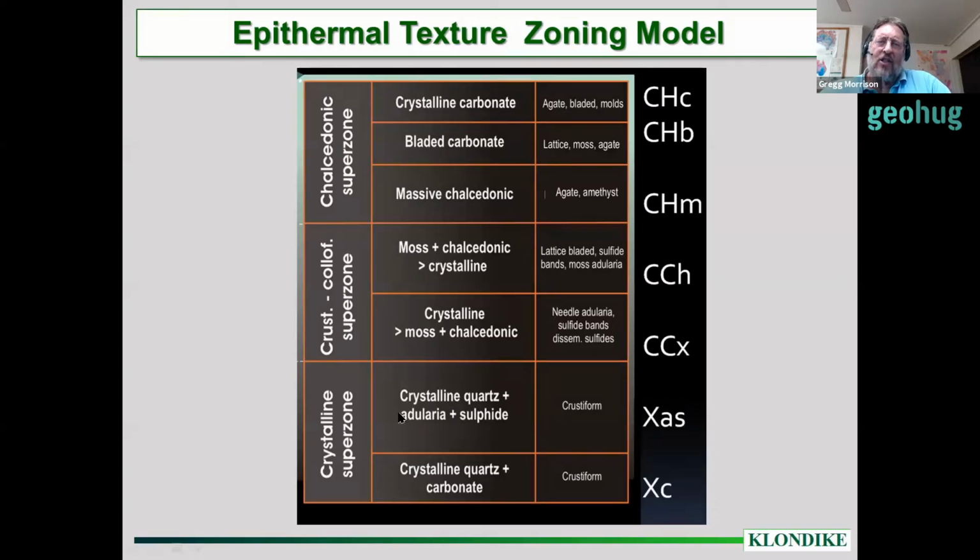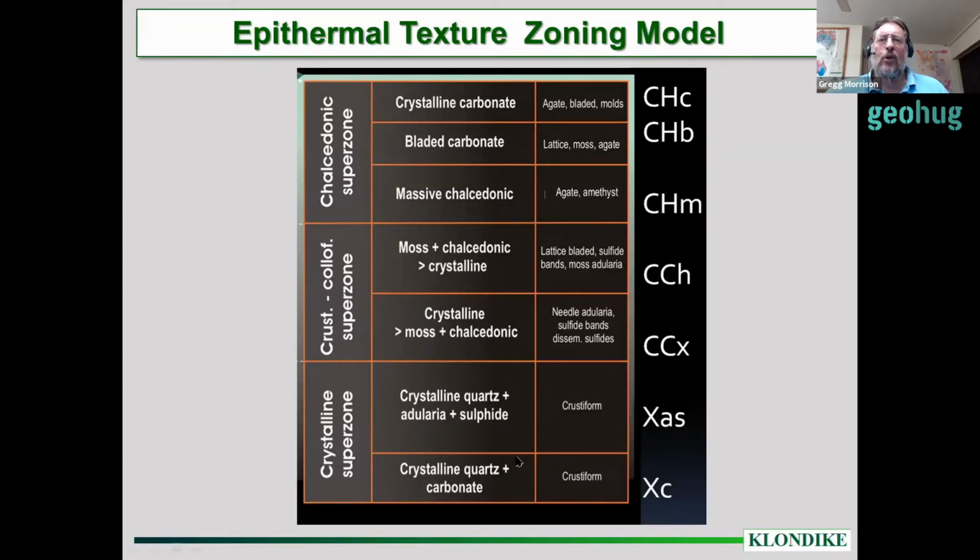Below that, the crystalline zone commonly has crude crustiform banding in its upper part with Adularia and some sulfides and can be mineralized. Whereas as you go deeper, you get out of the mineralized part particularly into just crystalline quartz, often with some carbonate that's crystalline rather than bladed.